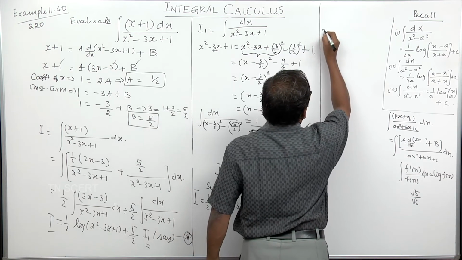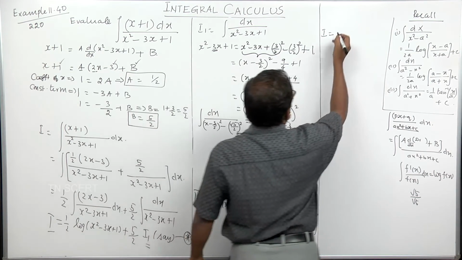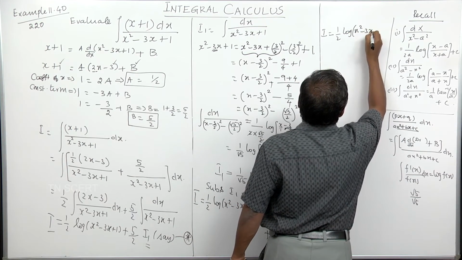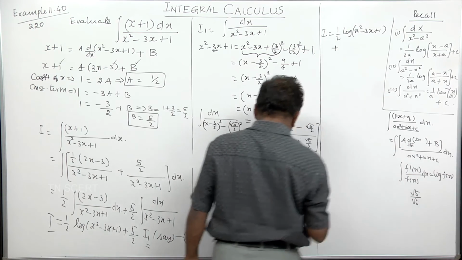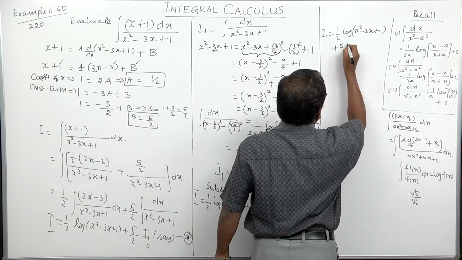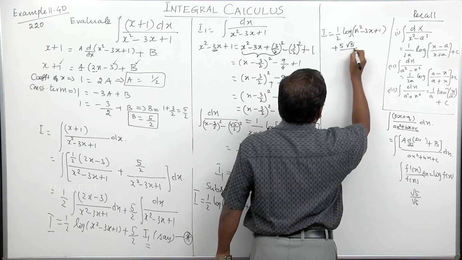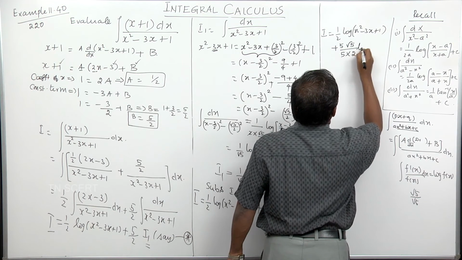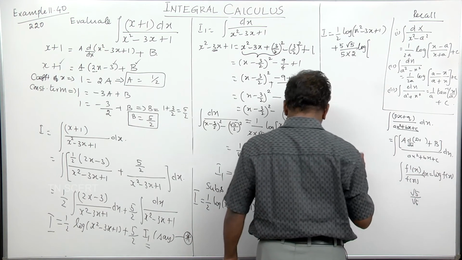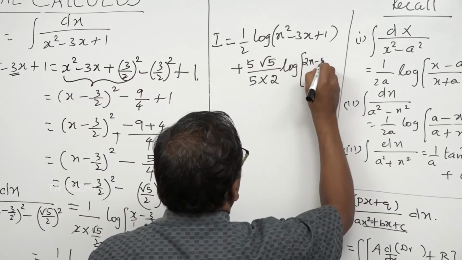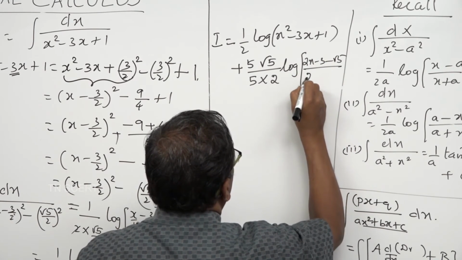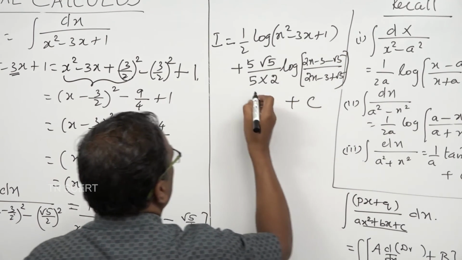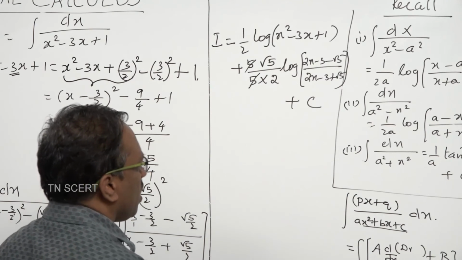So by doing so, I = 1/2 log of (x² − 3x + 1) + (√5 · 5)/(5 · 2) log of (2x − 3 − √5)/(2x − 3 + √5) + c, and this 5 and this 5 are getting cancelled.